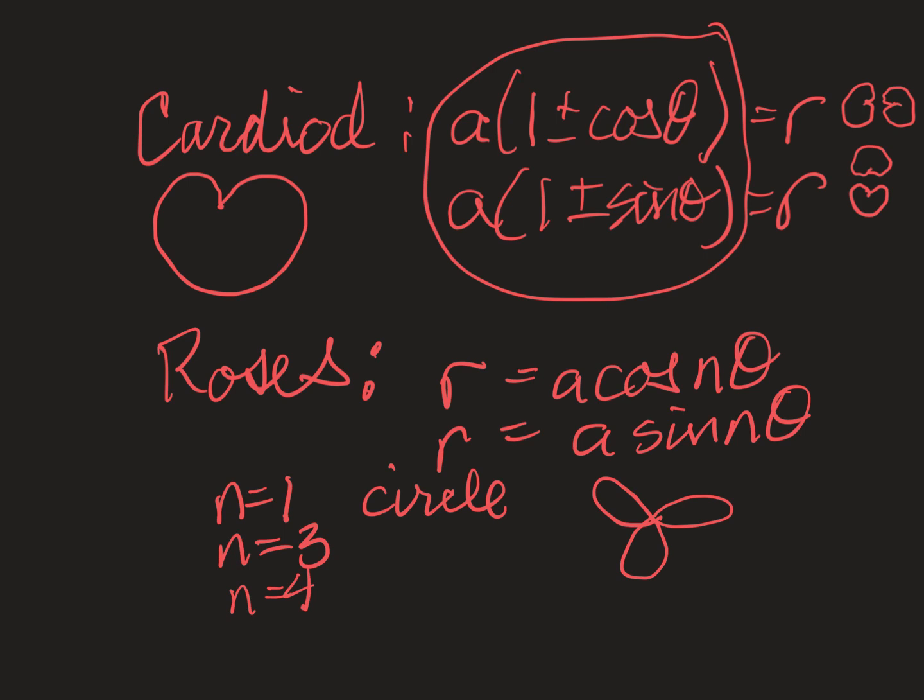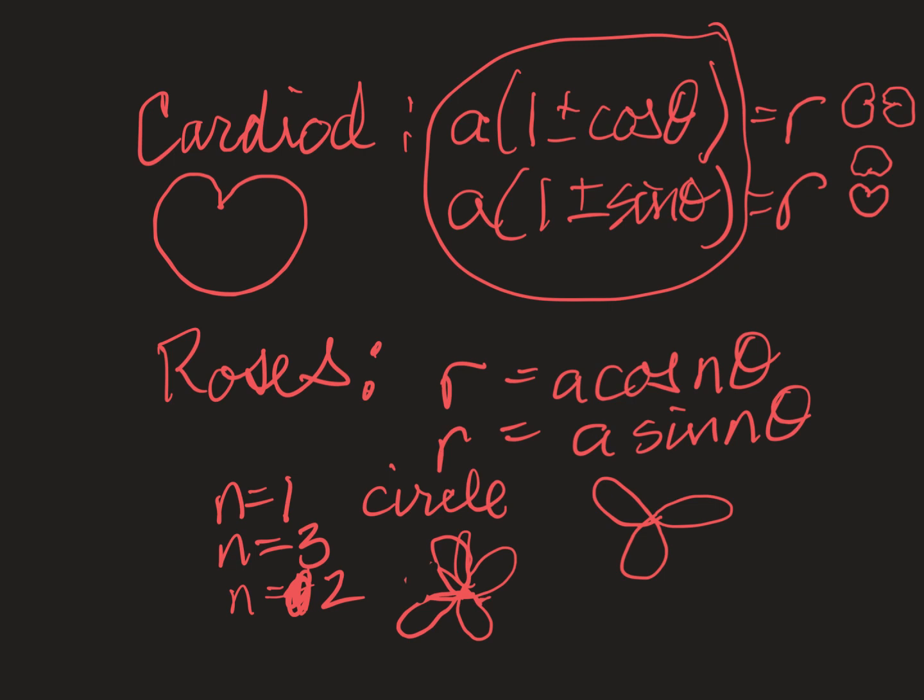Or excuse me, if n is equal to 2, you get a 4-leaf rose, which does basically this. Oops, this one's not down enough. There we go. So that's a 4-leaf rose if the n is a 2.